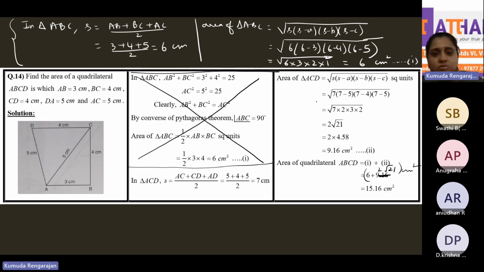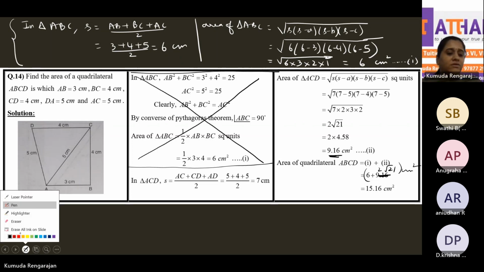That's all. If it is given, what should you do? It will be given that the value of root 21 is 4.5. And if it's given, then you'll have to multiply and that gives you 9.16.